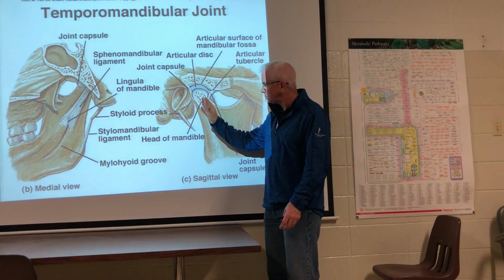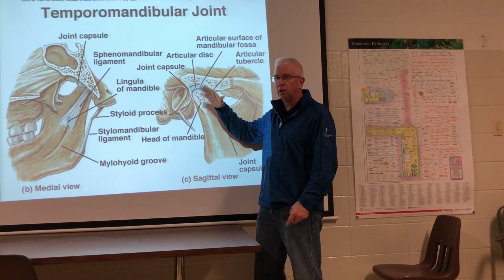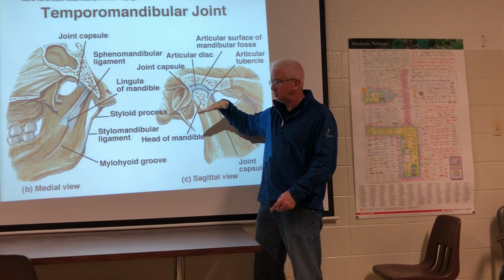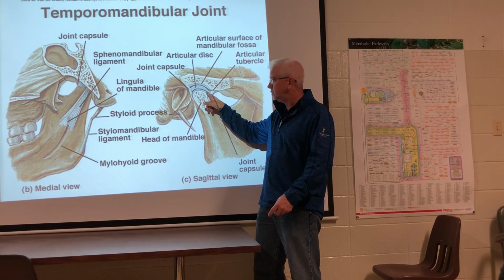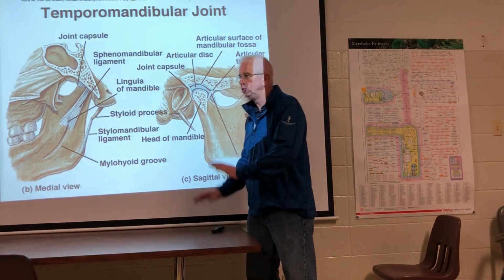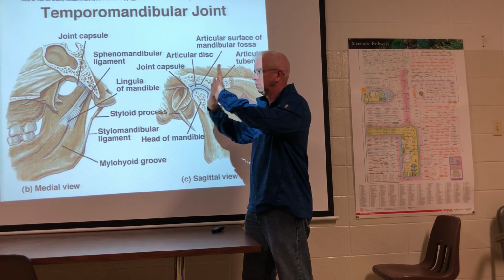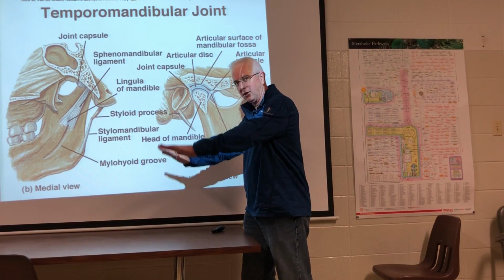In fact, because of the way the muscles attach to this thing, before the bottom jaw hinges down, this part of the bone, the condyle, moves anterior. So instead of being a true hinge joint, the joint does this. It moves forward and down.